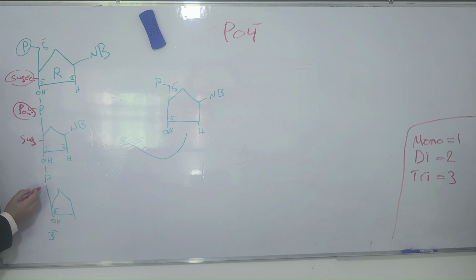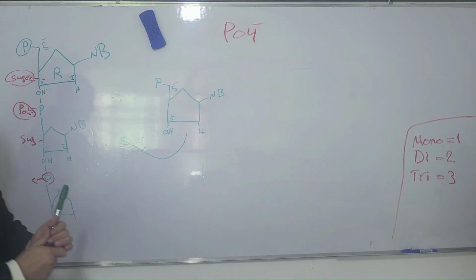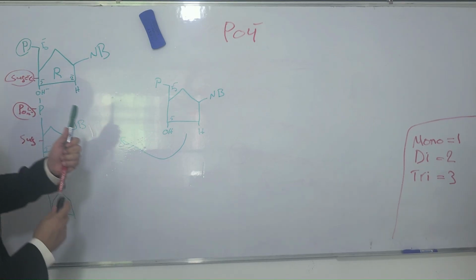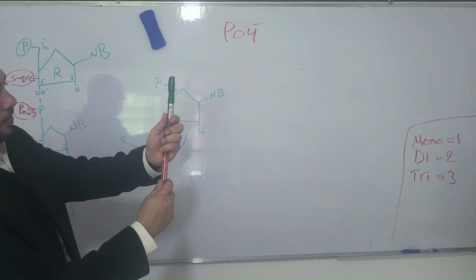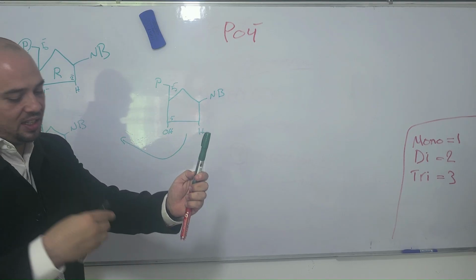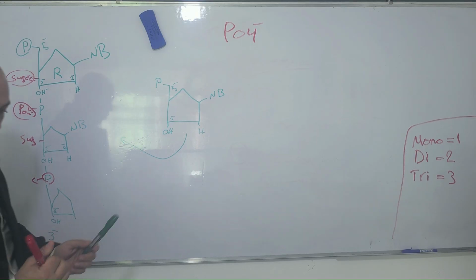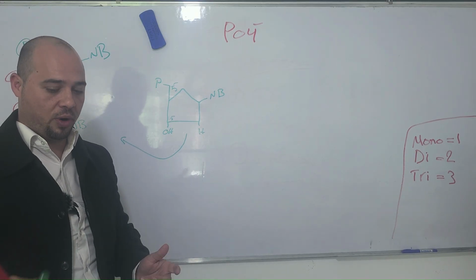Again, here's a sugar, and here is a phosphate. And so this whole structure, we've got 1, 2, 3 nucleotides, right? And basically, this is the sugar phosphate backbone because it's made out of sugar and phosphate. That's where the sugar phosphate backbone comes from.